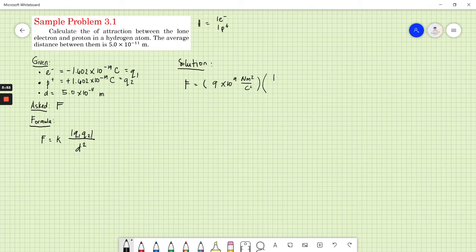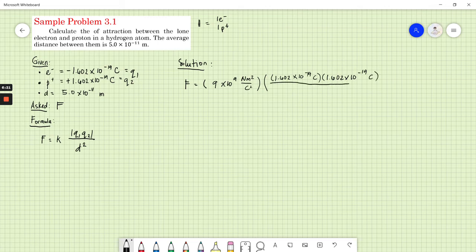Our Q1 is negative, so we do not need to have the negative sign. So we just remove the sign. So it's 1.602 times 10 raised to negative 19 coulombs, multiplied by the value of Q2 again. So just remove the sign. So that's 1.602 times 10 raised to negative 19 coulombs.